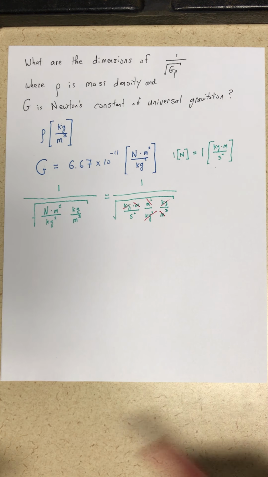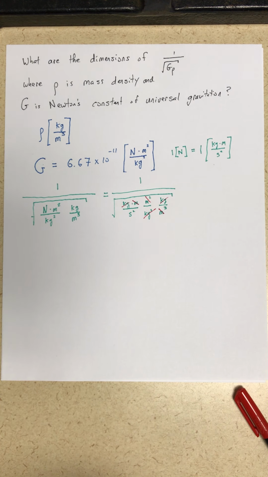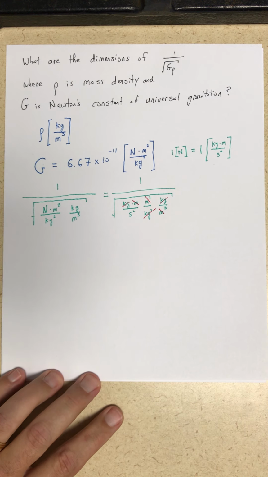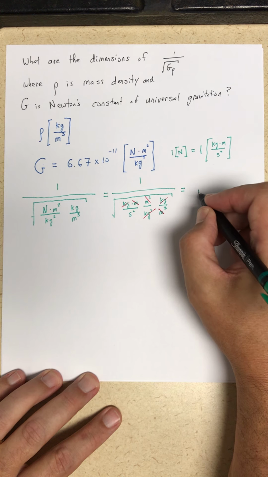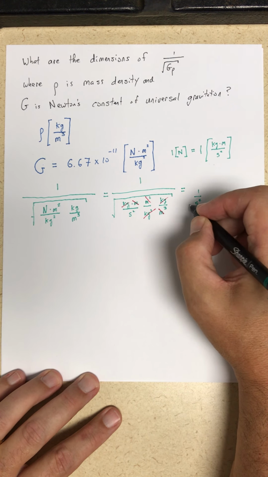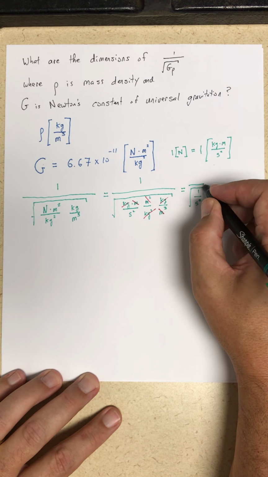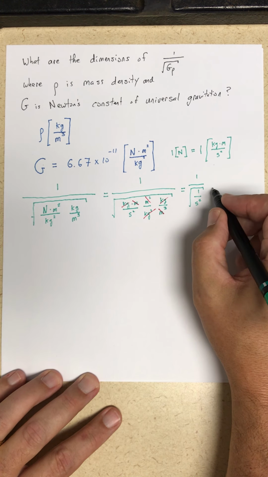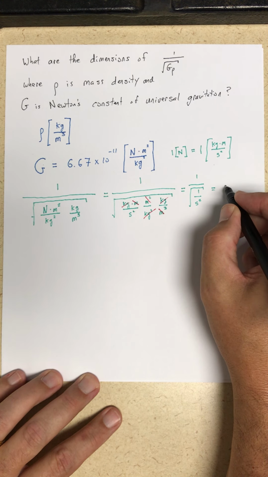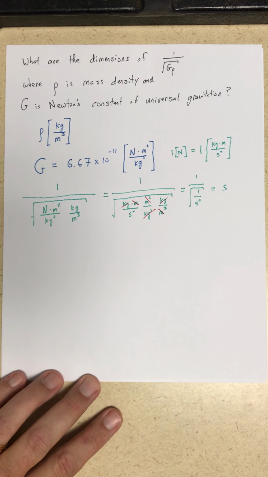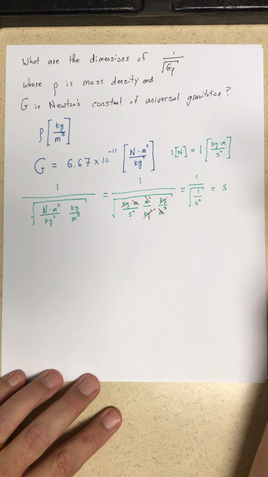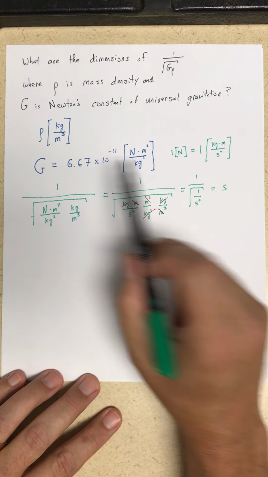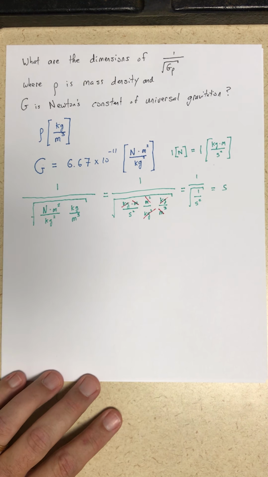So what we have is 1 over second squared, square root, in the denominator, which is just a really weird way of writing seconds. So 1 over square root of G rho is a time. You put in values in MKS, and it will come out to be a number of seconds.